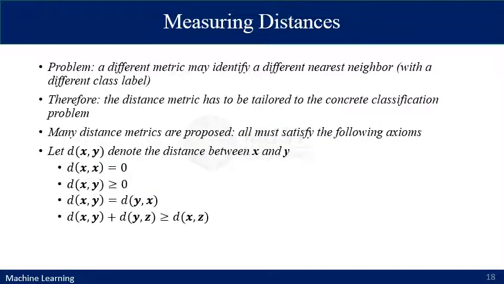As we have seen, there are multiple ways to calculate the differences. And there is a problem: if you use a different metric, it will identify a different nearest neighbor, and there is a possibility that a different class label will be predicted, because different formulas will result in different values, and you may have distortion of labels depending on the formula or metric used to calculate distances.